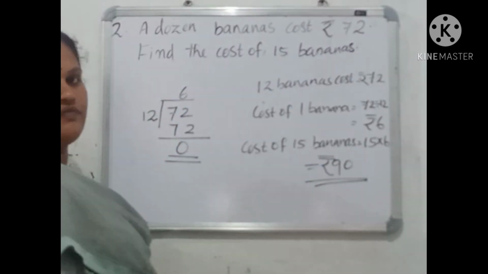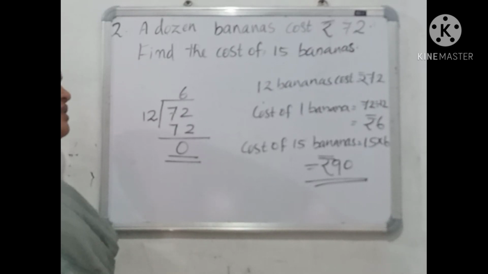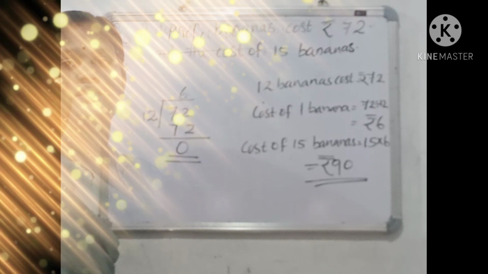Cost of 15 bananas equals rupees 90. This method is called the unitary method.